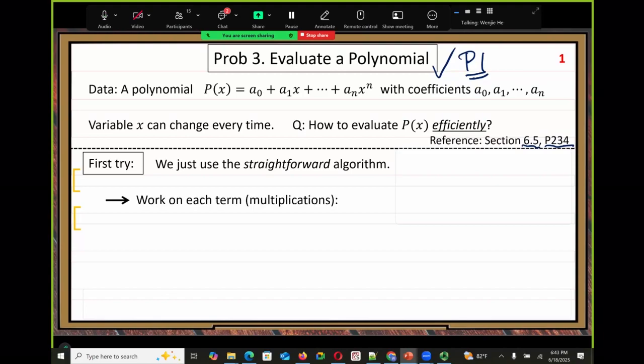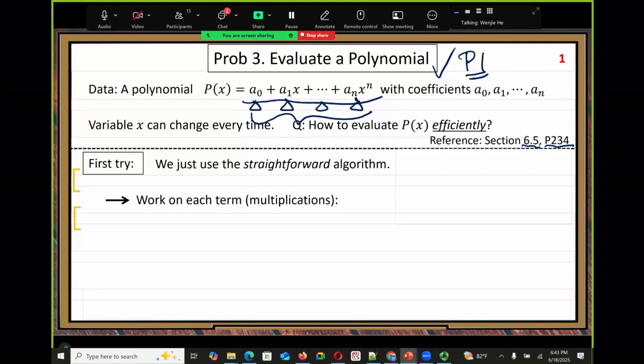All right, so let's look at this general representation. You have multiple terms. When you calculate the value of this polynomial, you need to evaluate individual terms. After that, you add up all the terms.